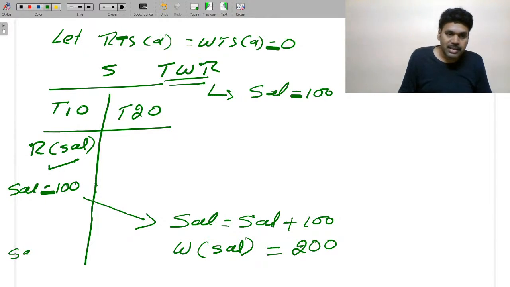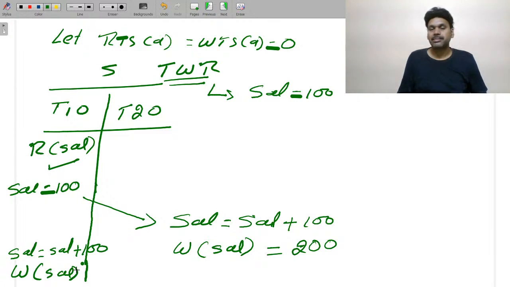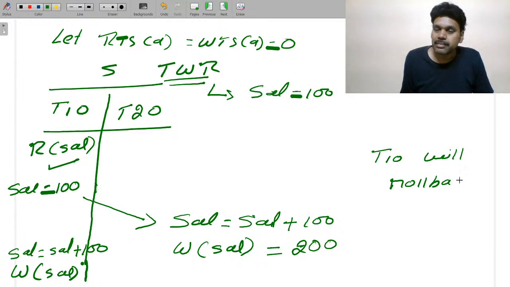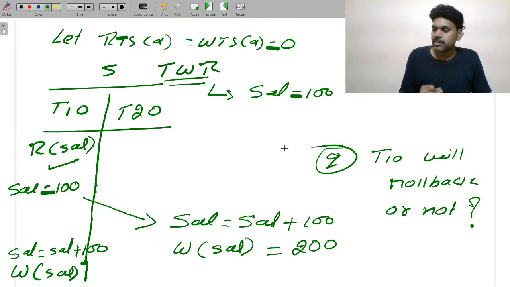When I am saying salary is equal to sal plus 100 and I say write of sal, what will happen? T10 will roll back or not? This is the question.